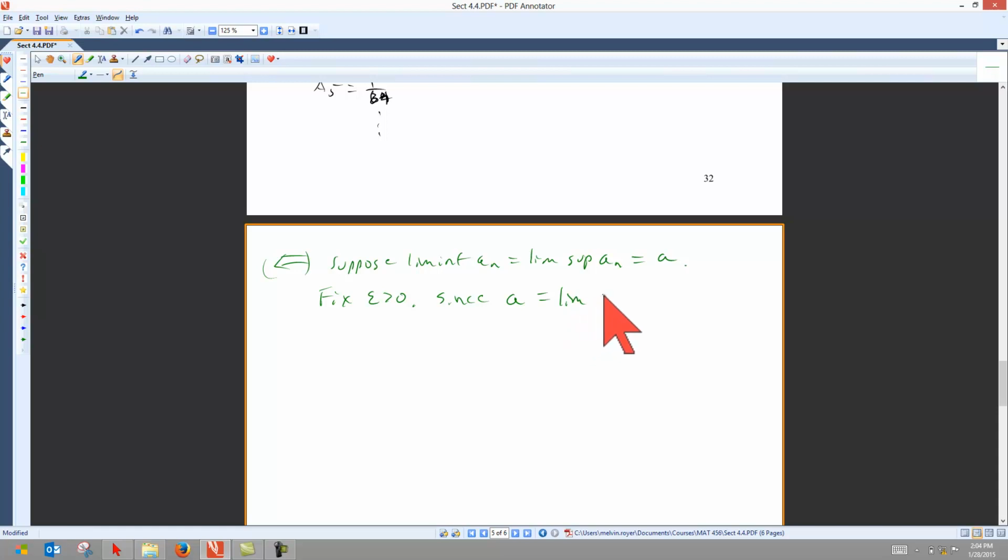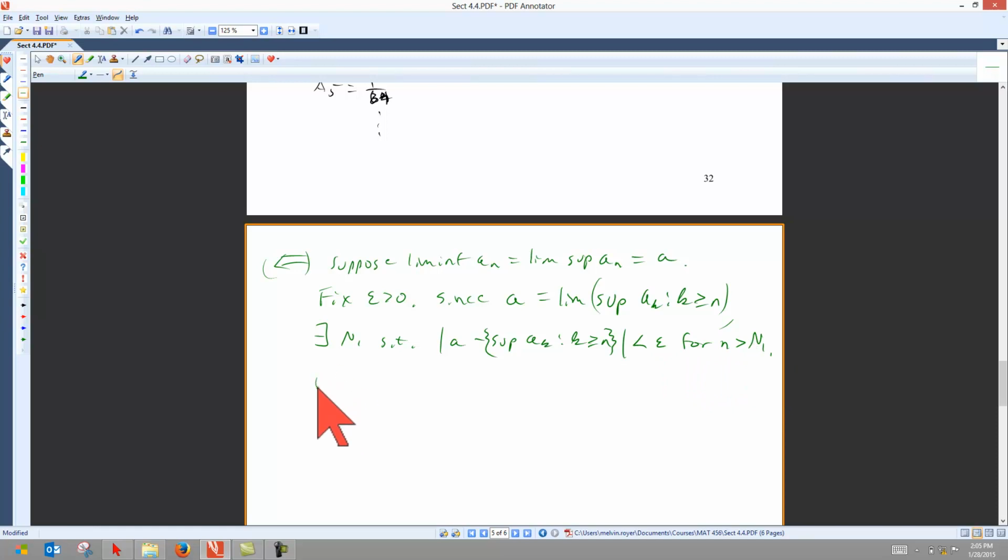This is the limit of the supremum of the a_k's for k greater than or equal to n. And therefore, there exists an N1 so that a minus the supremum of the a_k's for k greater than or equal to n is less than epsilon whenever n is bigger than N1.